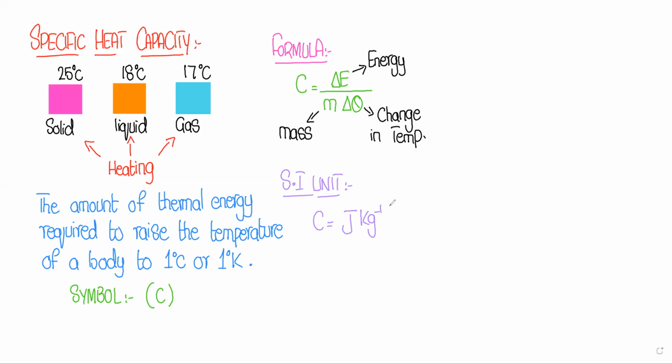And if we are using the Celsius scale, then per degree Celsius, or if we are using the Kelvin scale, then joules per kg per Kelvin, right? So it depends upon the temperature scale that we are working on.